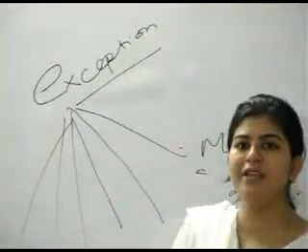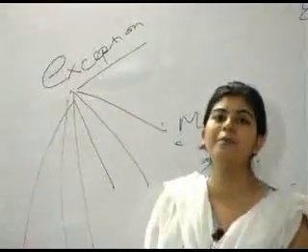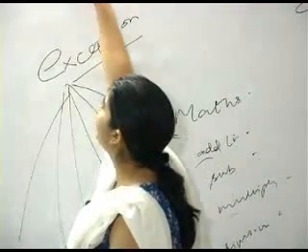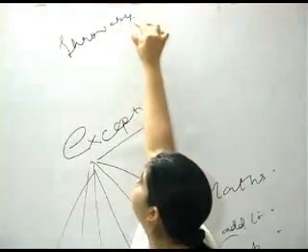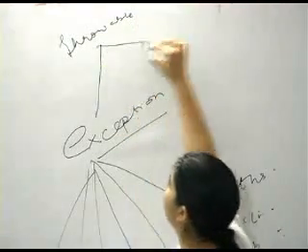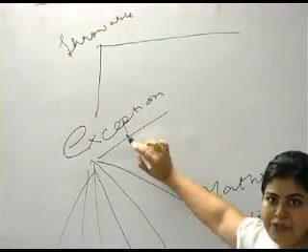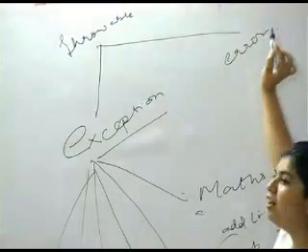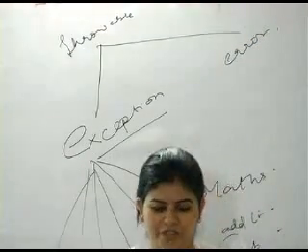Now you would tell me, where is Exception derived from? Exception is derived from a class called Throwable. It has two subclasses. One is your Exception, the other is your Error. Confused? Don't get confused.